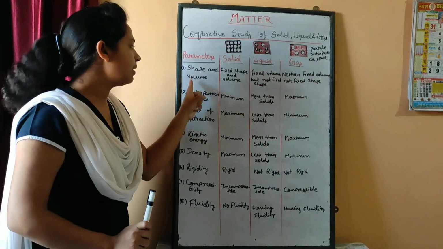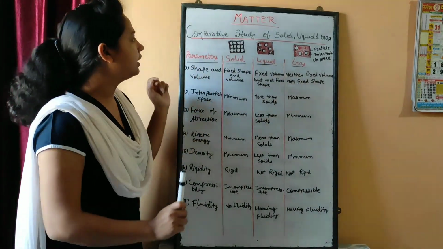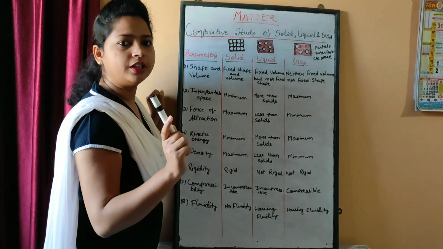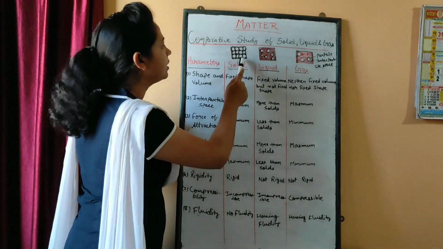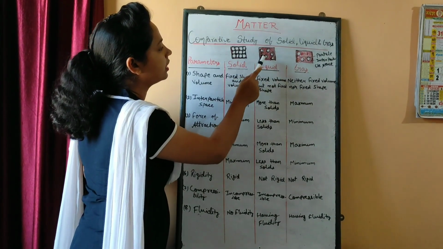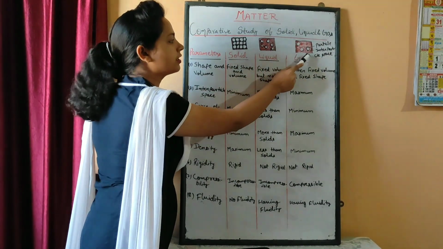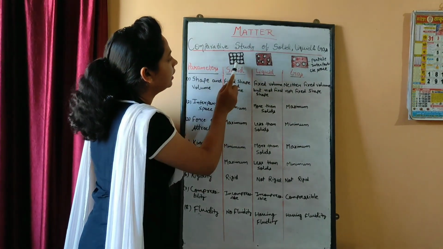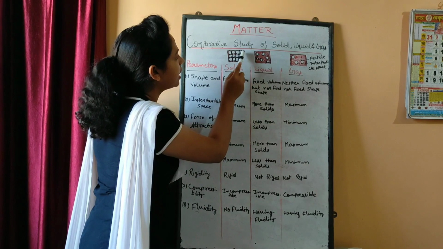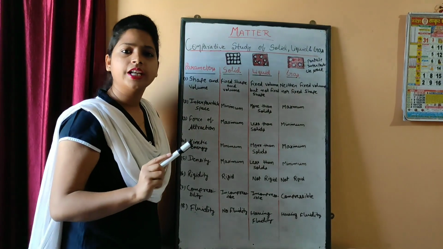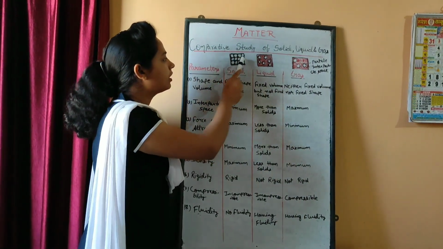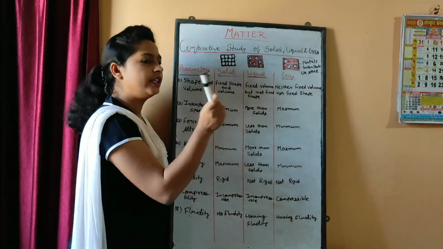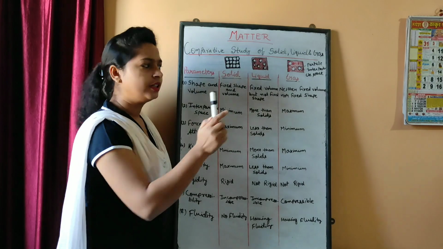Right. Now the shape and volume will be more clear when we see this particular arrangement of the states of matter. This is the arrangement of particles in solid state, this is in liquid state and this is in gaseous state. Right. So you can see here in solids the particles are very closely arranged. Very tightly packed, very closely arranged. In liquid the particles are a little bit far apart. Means what?